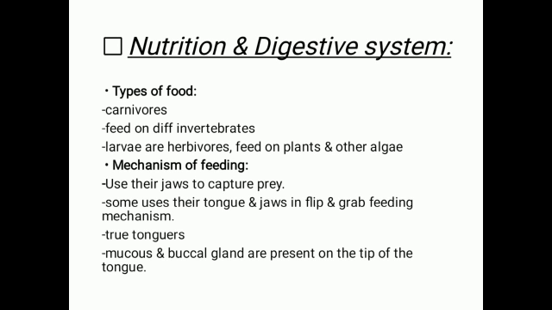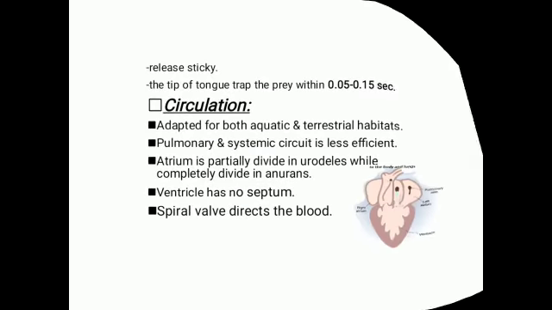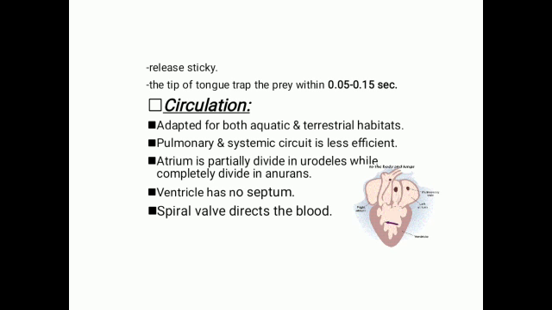In the flip and grab mechanism, the frog flips its tongue to capture the insect and rolls the tongue into its mouth to capture the prey. In true tongues, mucus and buccal glands are present on the tip of the tongue. This is the digestive system of amphibians. The tip of the tongue traps the prey within 0.05 to 0.15 seconds.